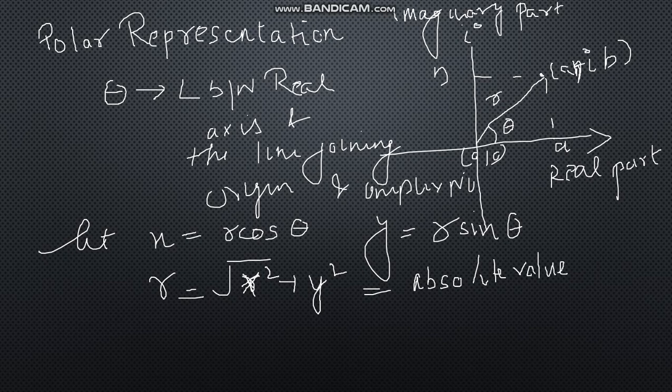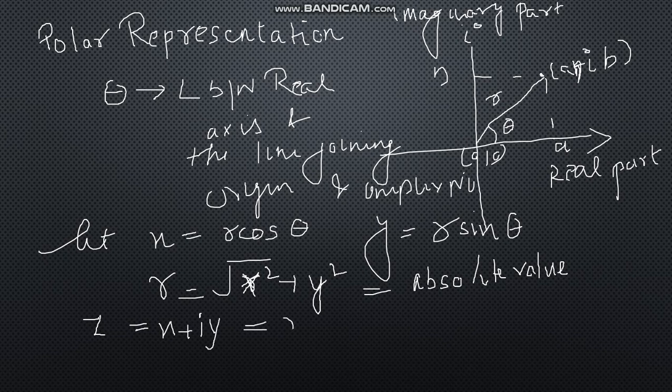Here one thing I want to mention is that the coordinates are a and b, where a is equal to x and b is equal to y. So z is equal to x plus iota y.